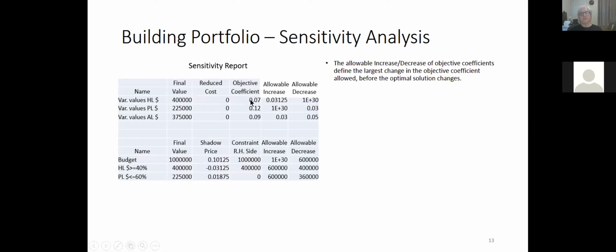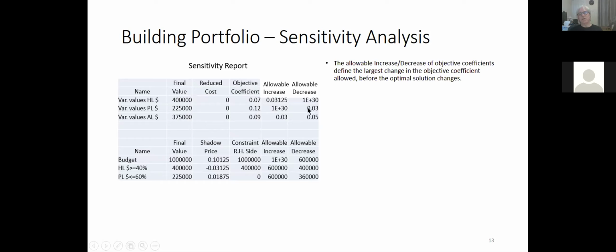But if you reduce the rate of return of personal loans by 4%, so instead of 12 it is 8, now the optimal portfolio will not remain the same. You have to rerun it to know what the new optimal portfolio is. Why?